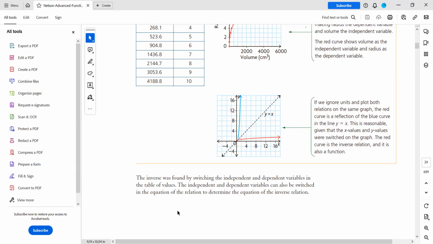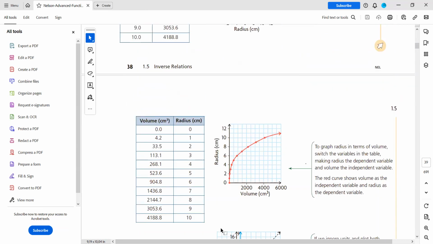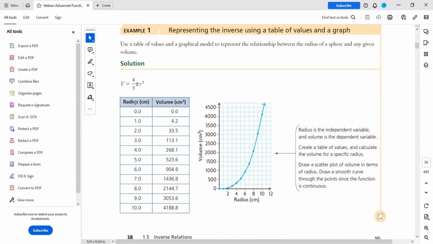The inverse was found by switching the independent and dependent variable in the table of values. The independent and dependent variable can also be switched in the equation of the relation to determine the equation of the inverse relation. Basically, what they're saying here is that in the first example, they switched the values.